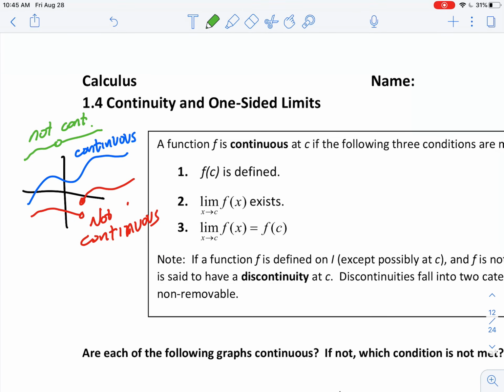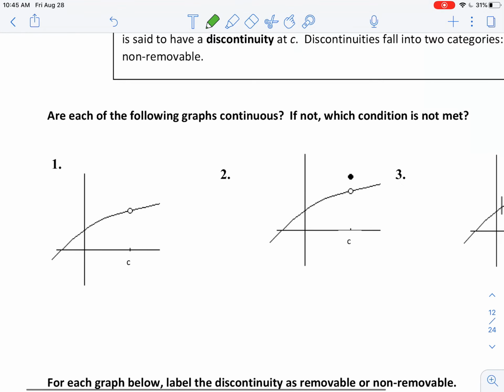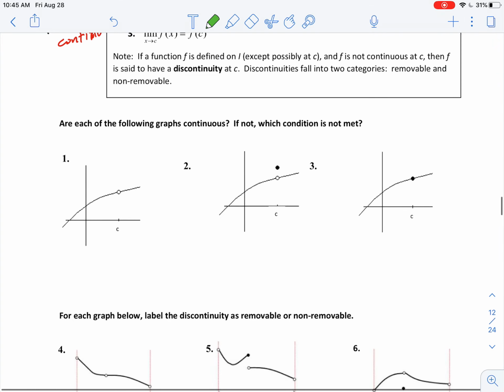So these conditions: the point has to be there, 1. The limit has to be there, 2. And the limit has to be equal to the point. So down here, 1, 2, and 3, are these continuous or not? So number 1, not continuous, because of the hole in the graph right there.